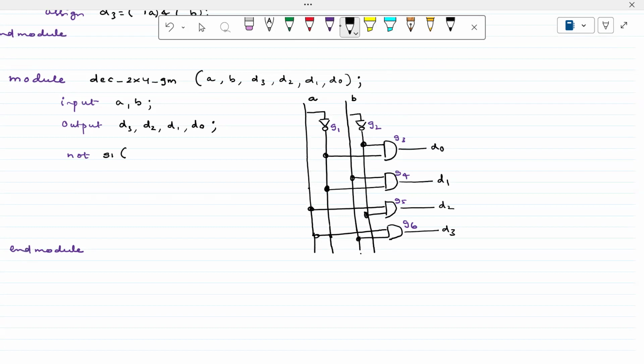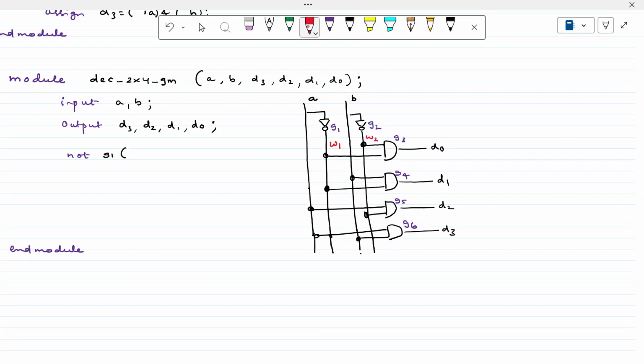What do I have to write here now? First of all, the output. What is the output for this A bar? There is no name for it, right? So let us give one name for it. Suppose this is called W1, and this is W2.